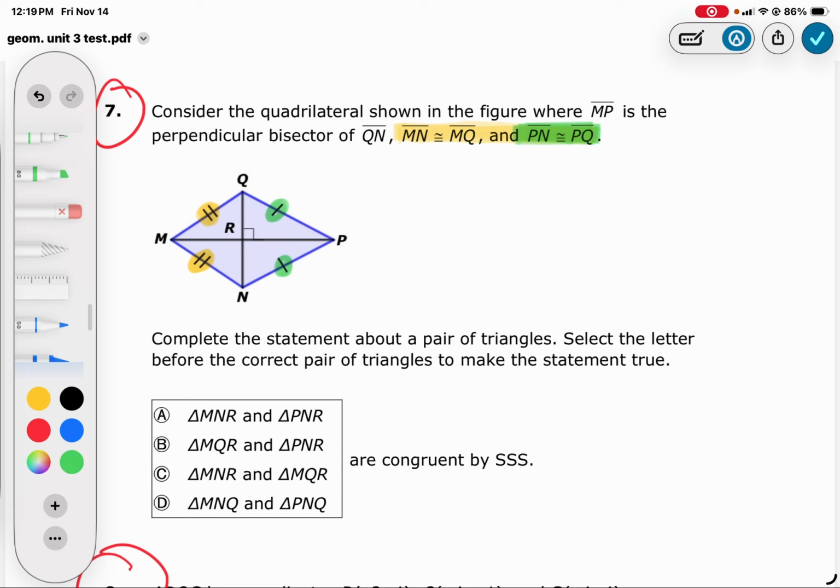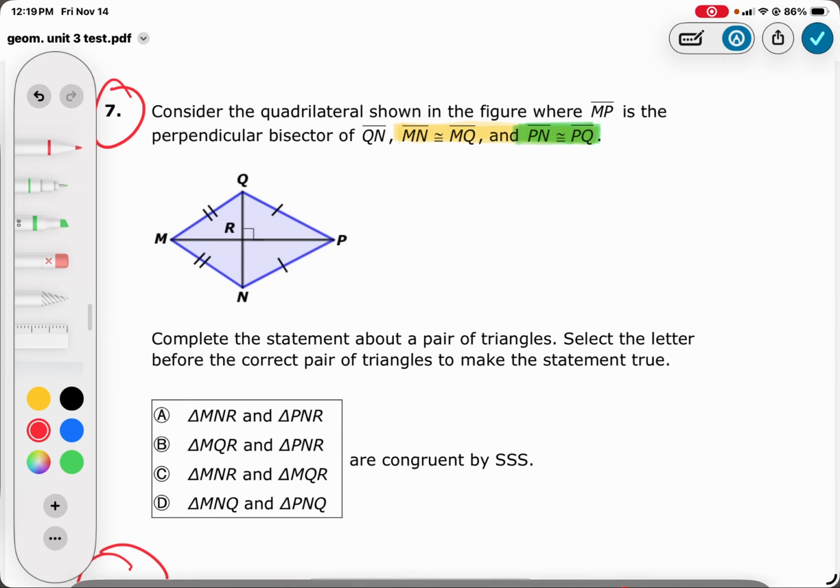That's great. Now let's go back to the first part of the statement here, where it says MP is perpendicular bisector of QN. So that means that MP, the segment MP, is gonna cut QN in half. If you cut something in half, each half is equal to the other half.